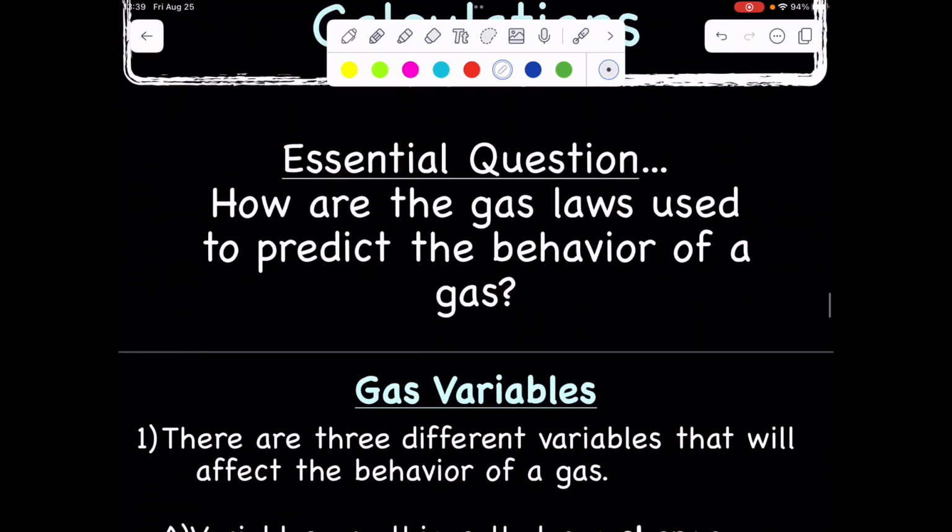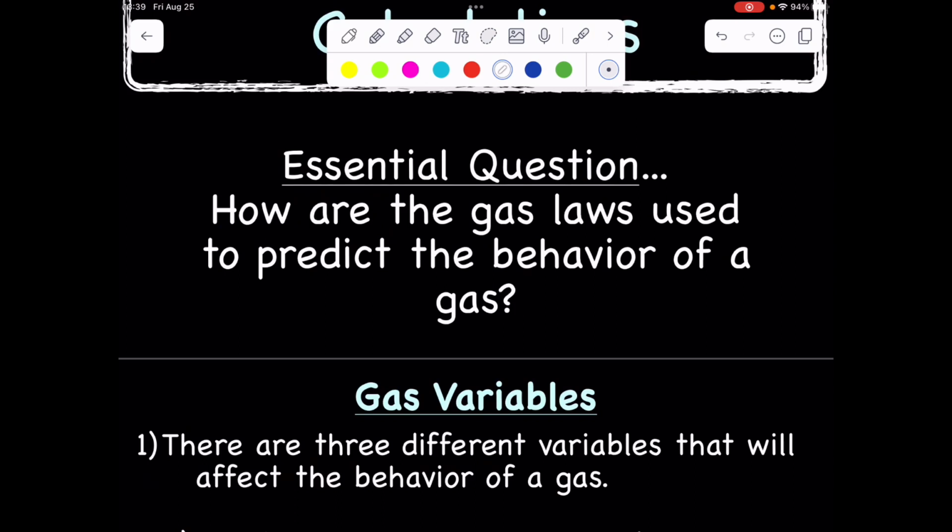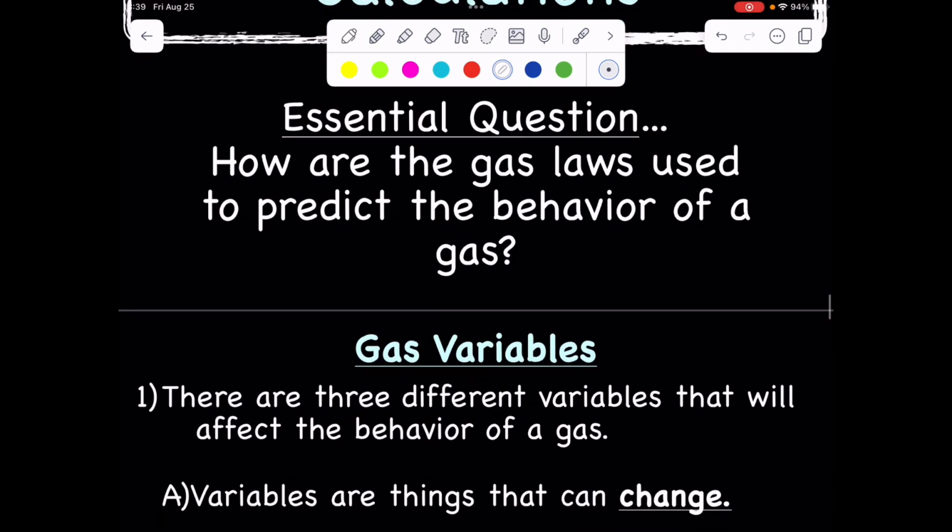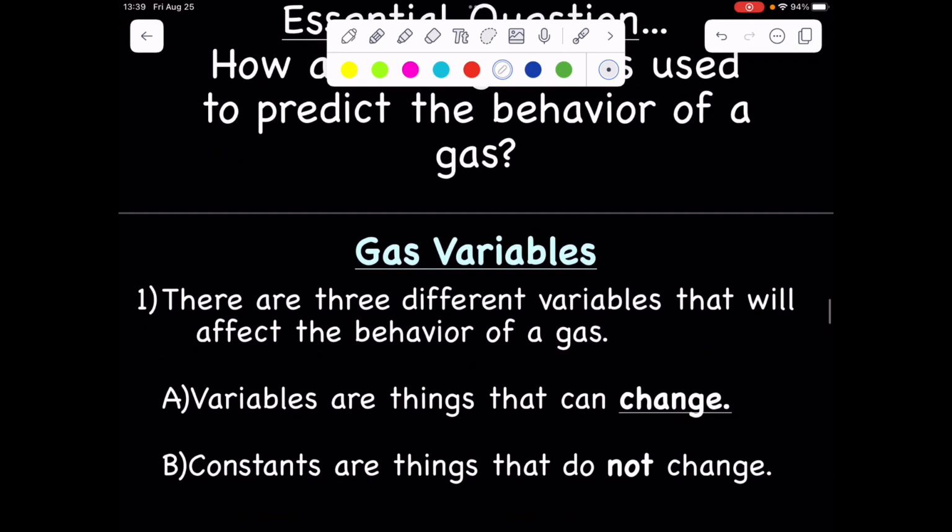So there are three different variables that can affect the behavior of a gas. There are actually four, but we're going to focus on the three. And as a reminder, variables are things that can change, and constants are things that do not change.